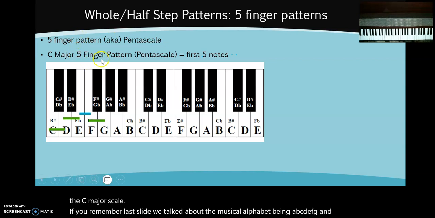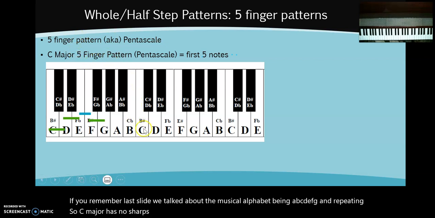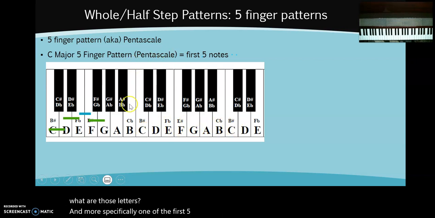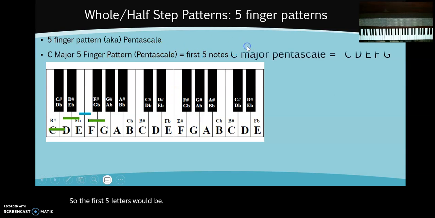So C major has no sharps or flats, so we want to go from C all the way to C. So what are those letters? And more specifically, what are the first 5 letters? So those first 5 letters would be C, D, E, F, and G.